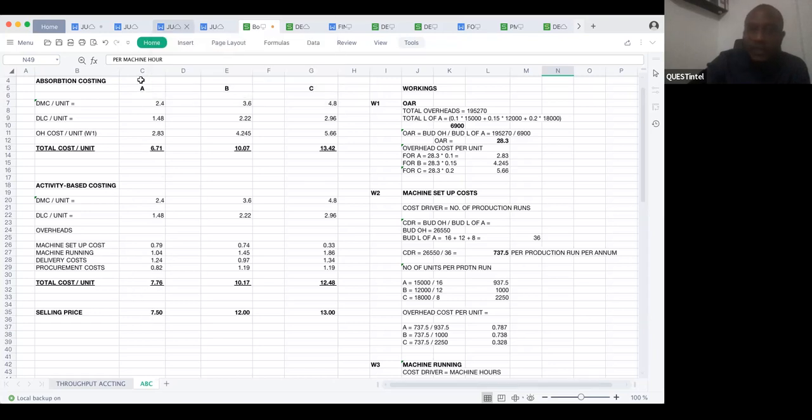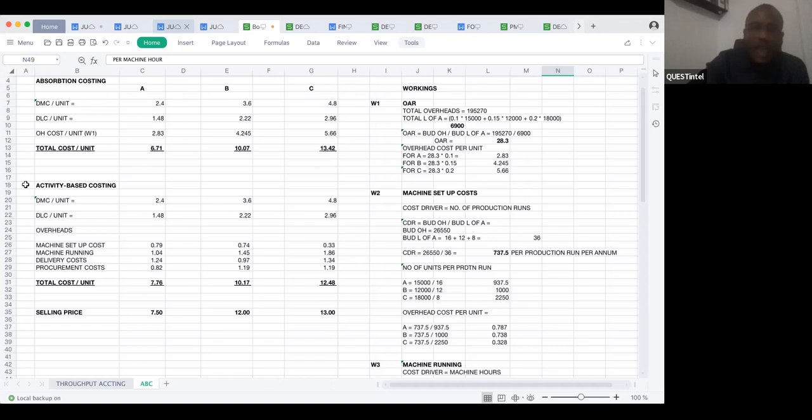Now, if we flip this same argument to product C, they computed product C as having 13.42 as its total cost, and they put a selling price of 13. So they would have been complaining that they are selling this product at lower than its cost price.